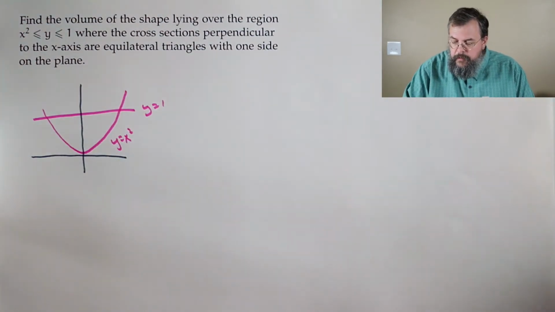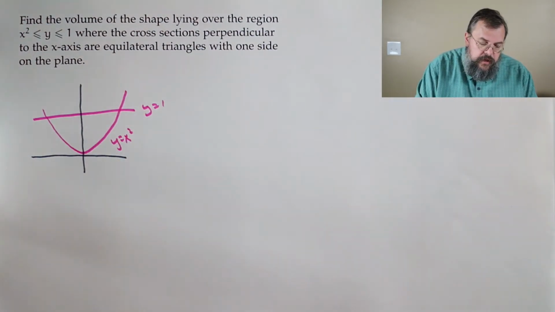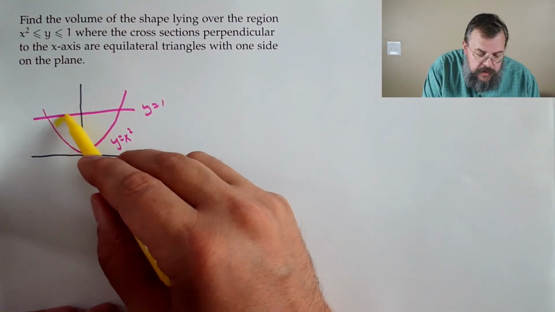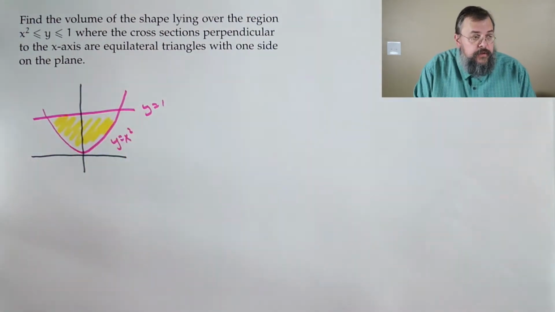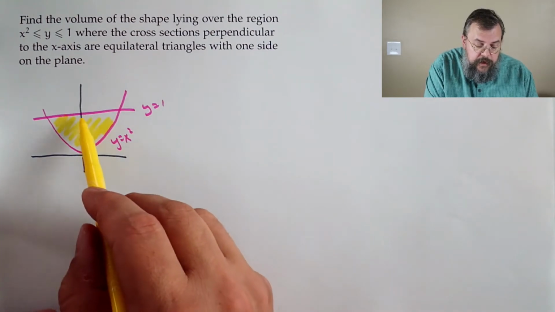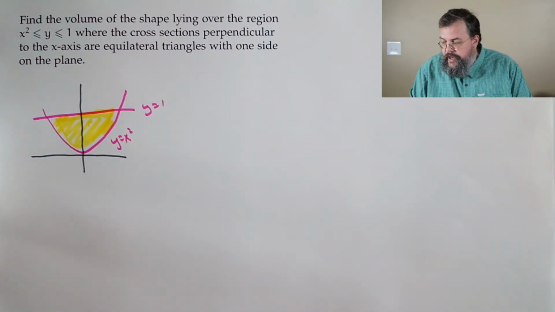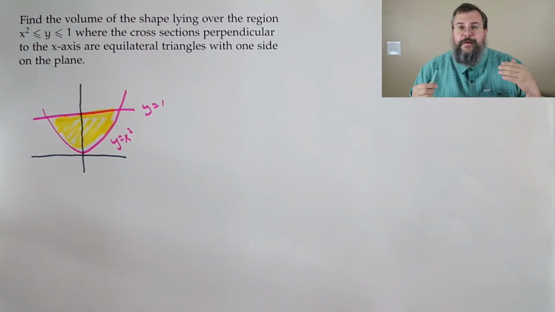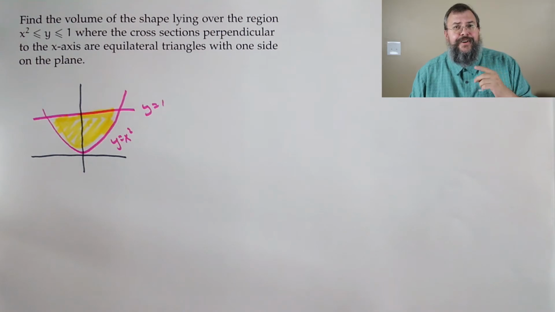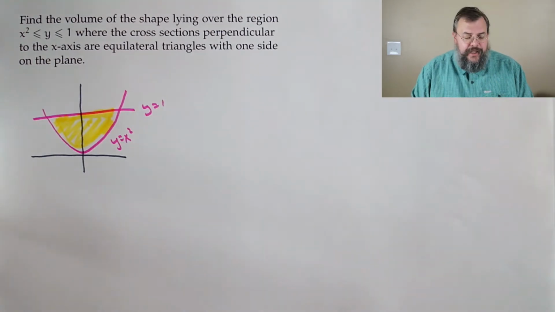Now, what comes next? Well, we should probably remember, since we're doing our problem about finding volume, write down our generic formula. It's always good to write down the formula. Even though we're like, wow, we've done it so many times, shouldn't we have it memorized by now? It's still good to write it down, just so we don't forget anything.